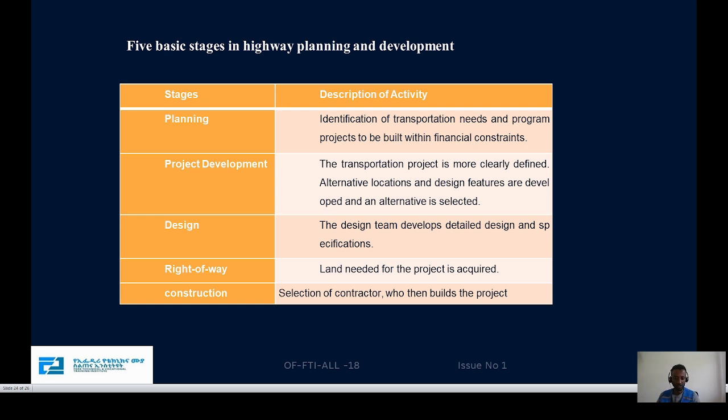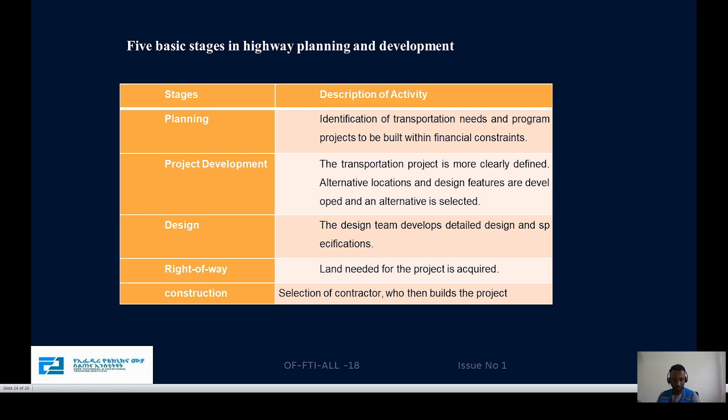Coming to the design part, the design will be a detailed design of the additional lane with different disciplines, for example geometric design, pavement design, and traffic design.